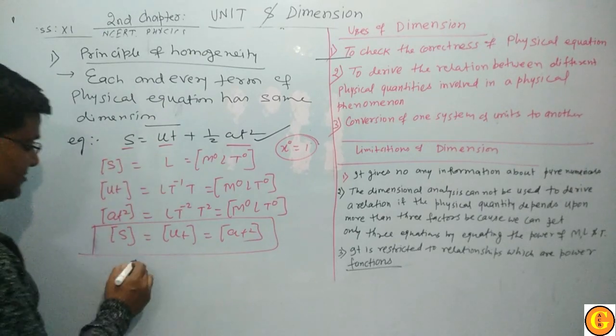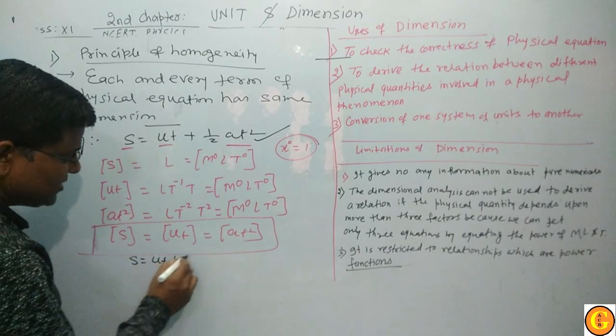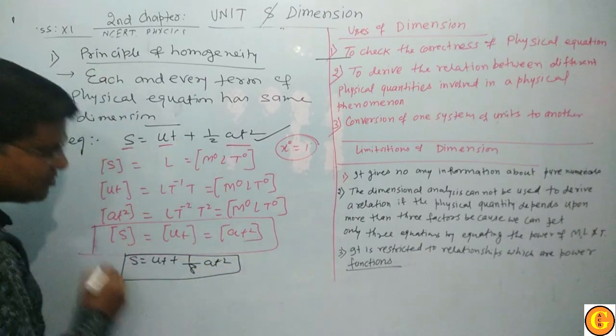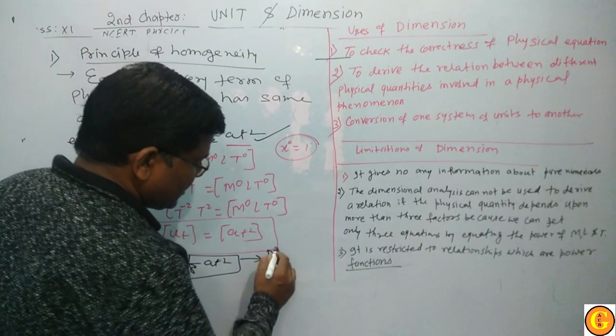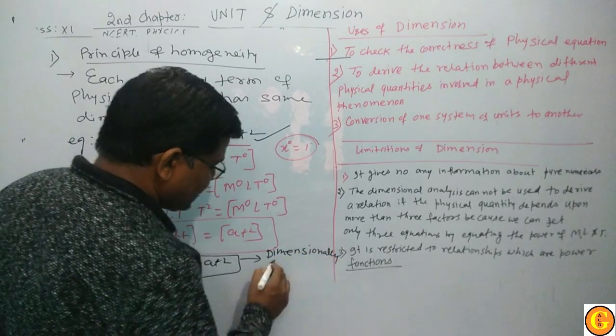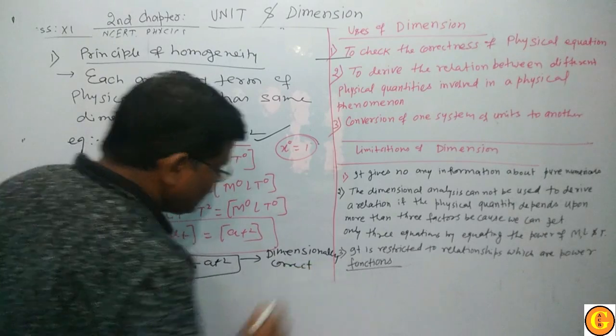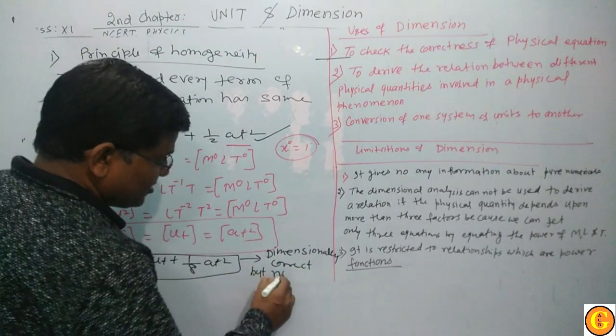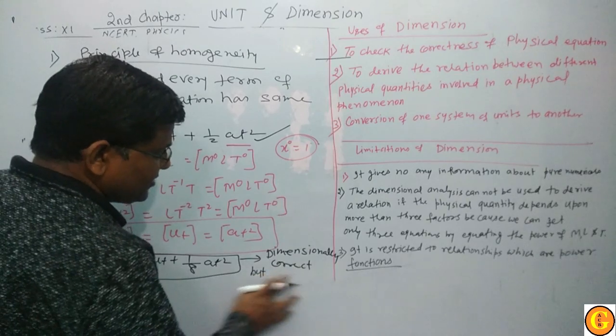But sometimes s is equal to ut plus 1 by 8 at square. Then this equation is also dimensionally correct, but numerically wrong.